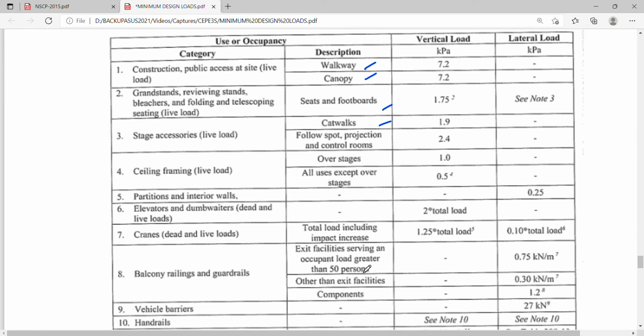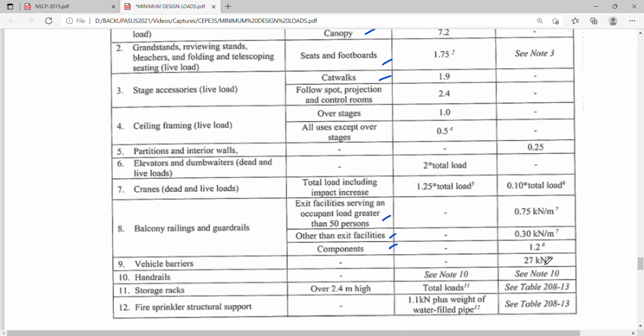Balcony and railing guardrails, exit facilities. Okay, so you have here lateral loads because this is very dangerous. When the railings are not secured, then accidents can happen. The vertical load is not a factor here, but the lateral loads are the ones that are very important. Also, the vehicle barriers here, lateral loads are very important. The handrails, see note 10.